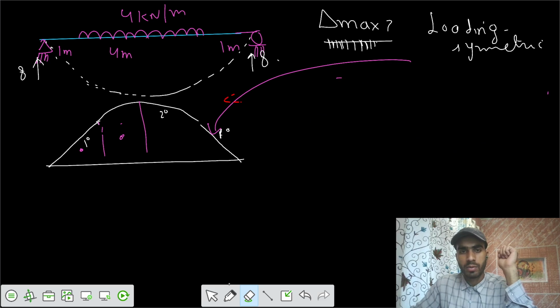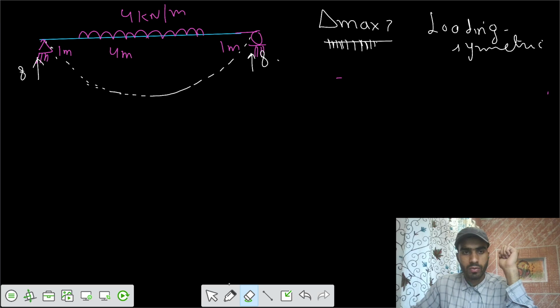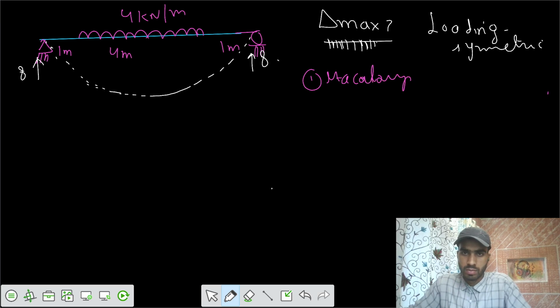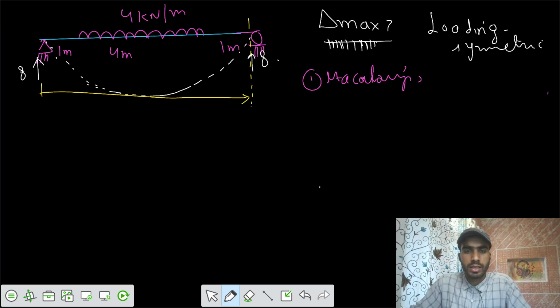Let's solve by Macaulay's method. Number 1, Macaulay's method. It says to get the moment equation for the entire structure, cutting a section at x just before the support. So this is x.